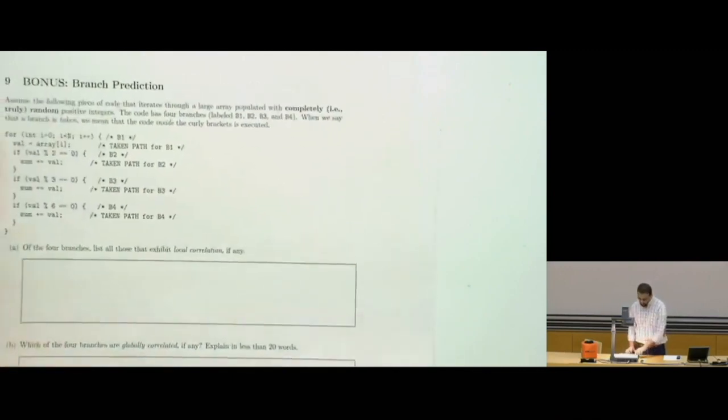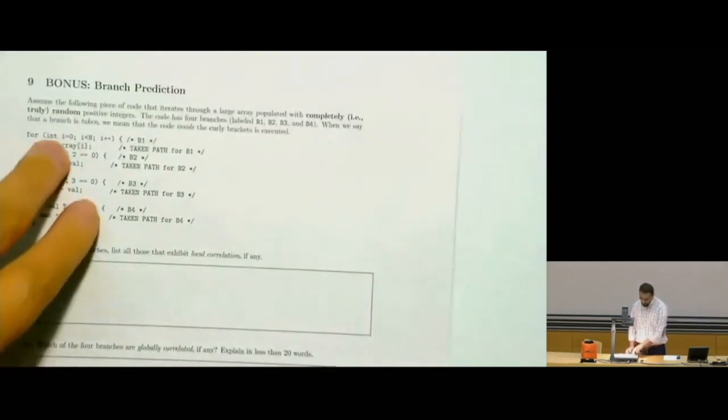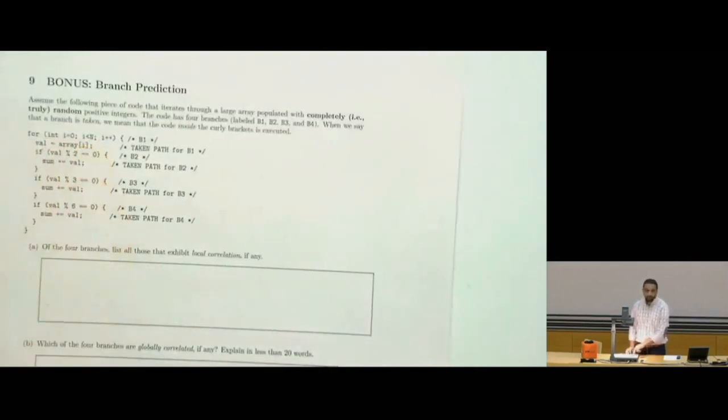So basically, for the first branch, I have a for loop from 0 to n minus 1, which means this iteration will be repeated n times. So if I'm in the n minus 1 iteration, I know for sure the next iteration will be taken, right? Because I have n many iterations for branch 1.